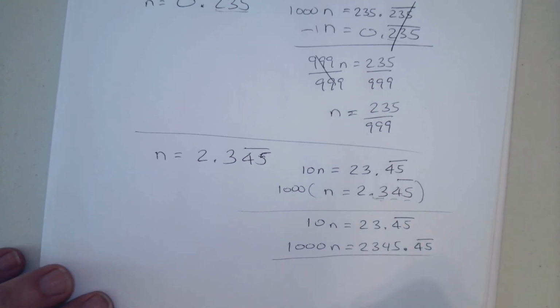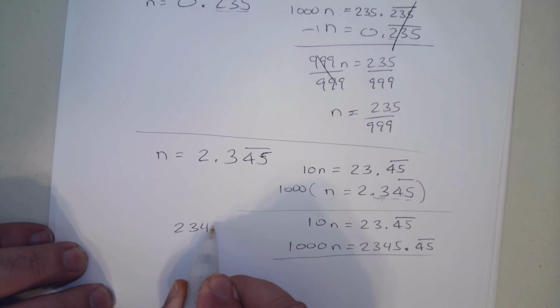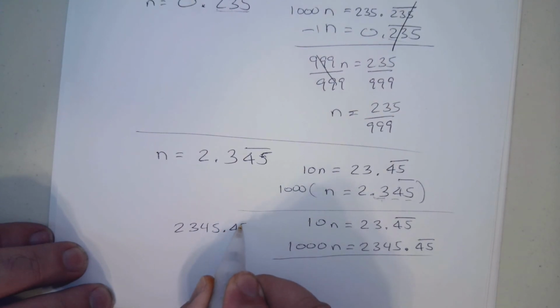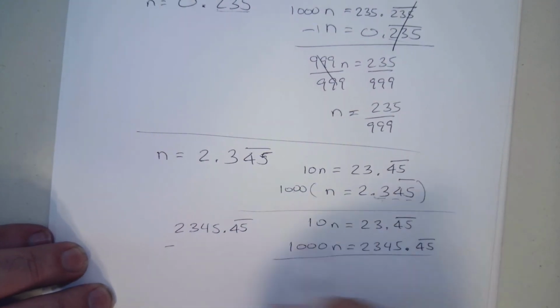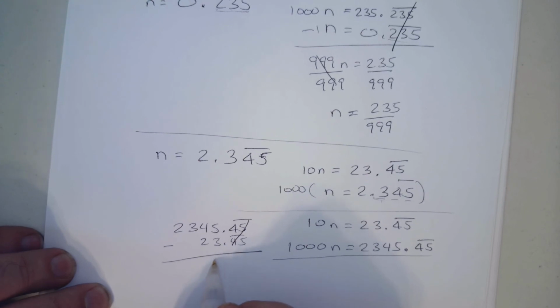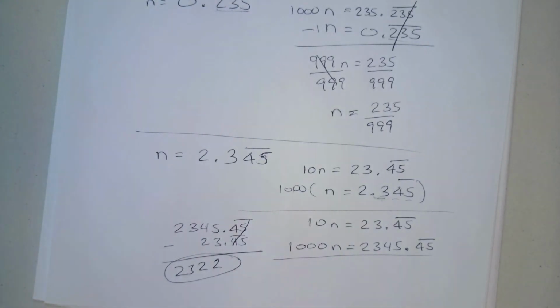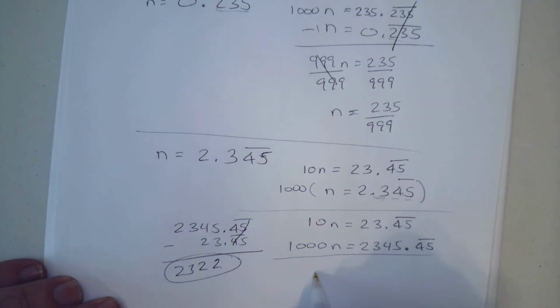So now when I subtract them, I get 2345.45 repeating minus 23.45 repeating. So these cancel. 5 minus 3 is 2, 2, 2.